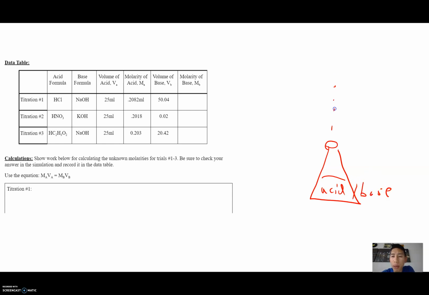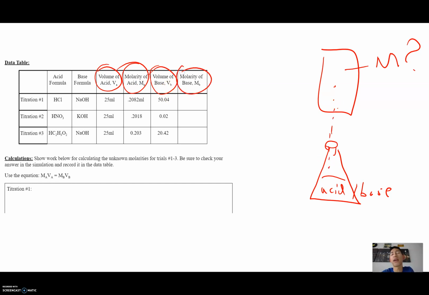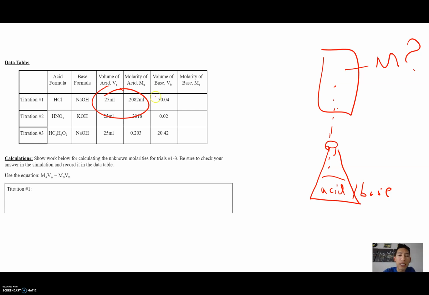And we would drip in from a burette an acid or base, and we're trying to figure out what concentration it is. And we would have a volume of an acid, molarity of an acid, and we would have the volume of the base that we titrated in, but not the molarity. So point is, we would have two of these. We needed to experimentally determine in the simulation one of these and then calculate this one.